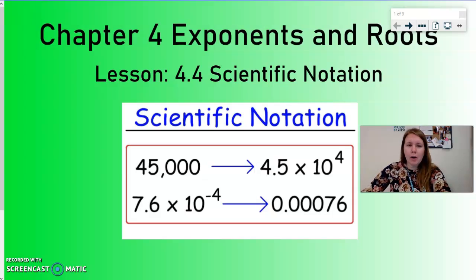So we're going to talk about how we go from something that's not in scientific notation to scientific notation, and then from scientific notation back to what is called standard form.